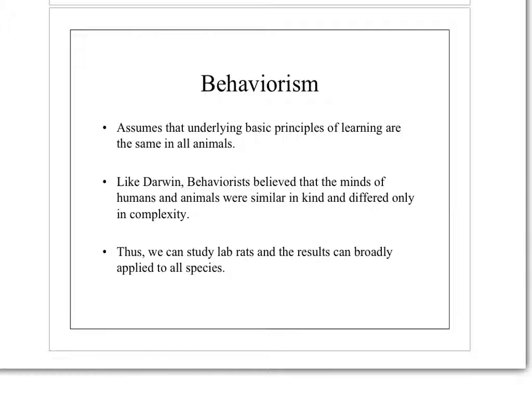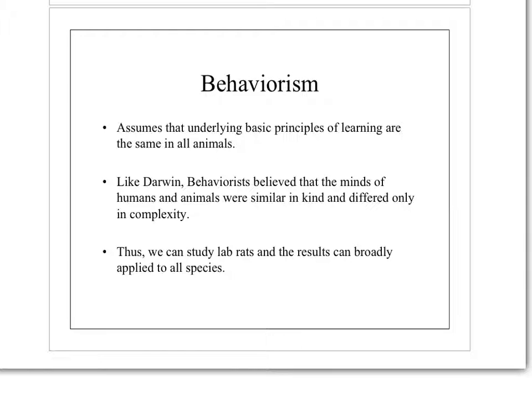So it assumes, of course, this is an assumption that it made, and they never tested this assumption properly, by the way, that the basic principles of learning are the same in all animals. Now, like Darwin, behaviorists believed that the minds of humans and animals were similar in kind and differed only in complexity, which is true to a certain extent.